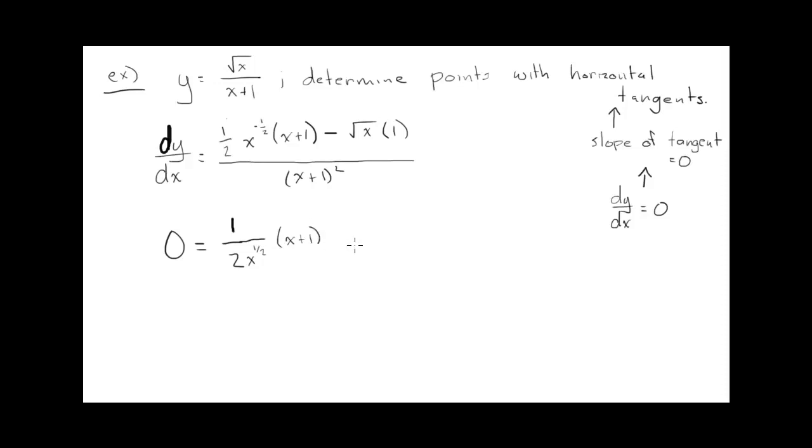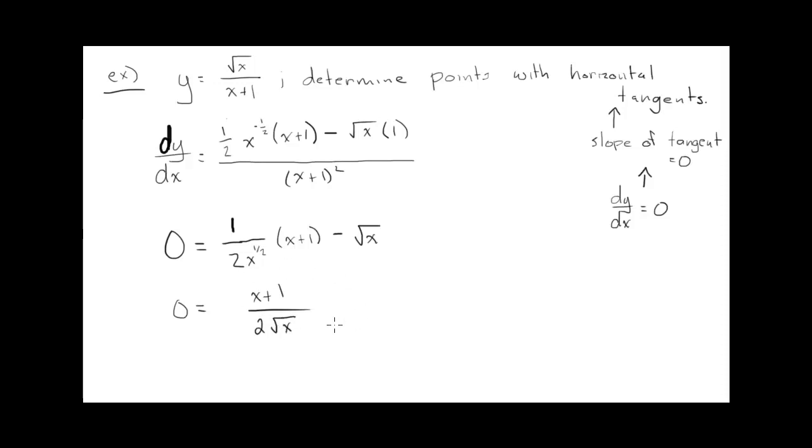So I'll just put that x to the minus half on the bottom. And then I don't care about the denominator. Well, again, this is really rational, right? So I'll get a common denominator here. So I'll have (x plus 1) all over 2 root x, right?